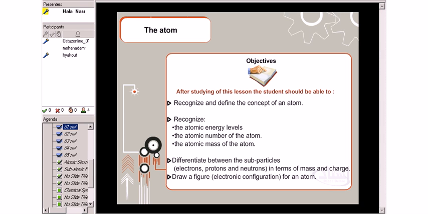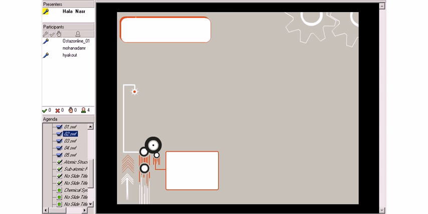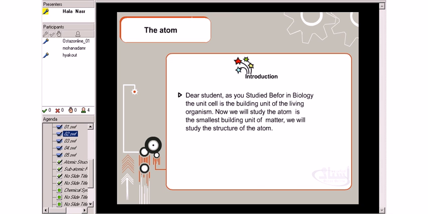So, Mr. Hassan, if you crush the brick, what would you find? Some dust and small particles like sand. Very good. These are the sand particles. Even each sand particle consists of a smaller unit, and this is what we call the atom. So let's move to the second slide.